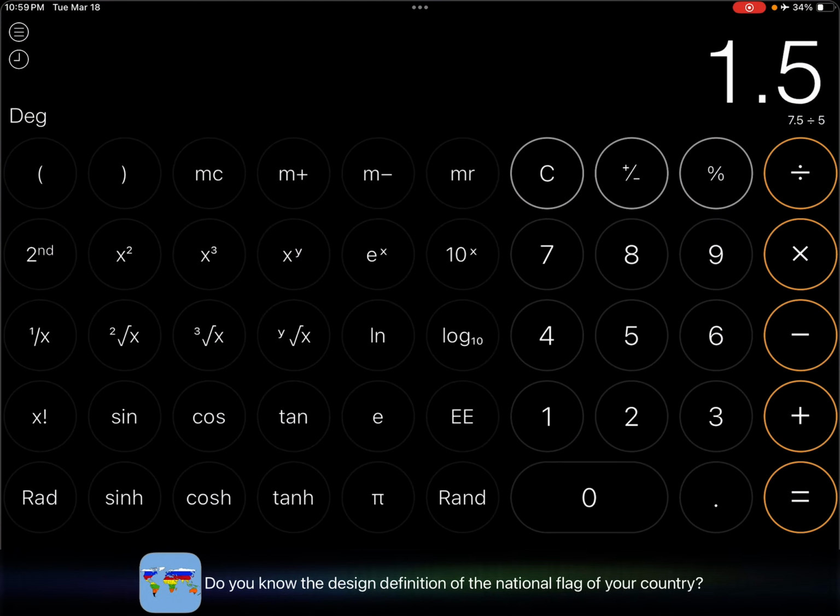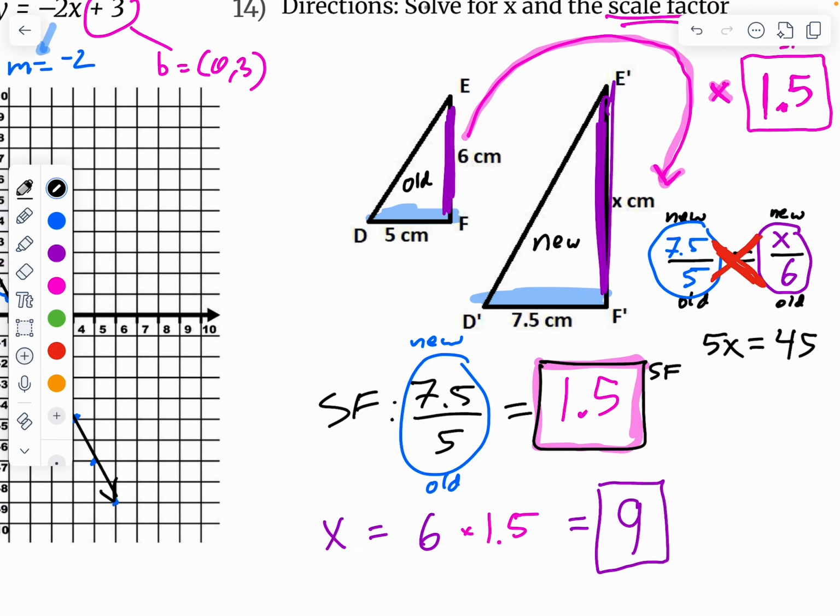If you don't believe me, I'll show you. 7.5 times 6, 45. And now we're going to do a giant 1 to get x by itself. If I divide both sides by 5, I'll get my answer. 45 divided by 5 is 9. Is this the same answer that we got before? Yes, it is the same answer, so we can confirm it in 2 different ways.